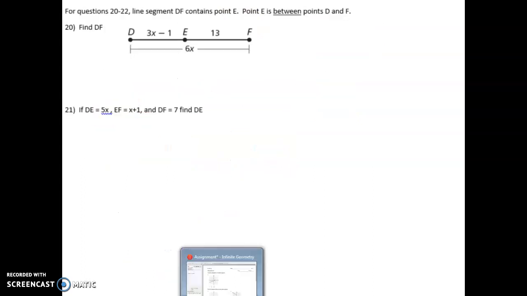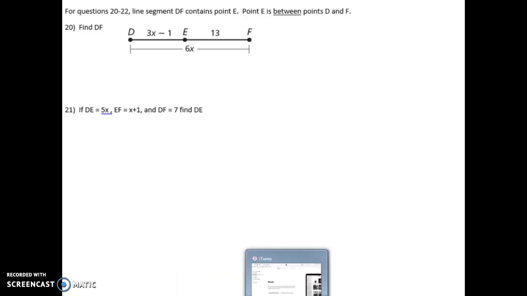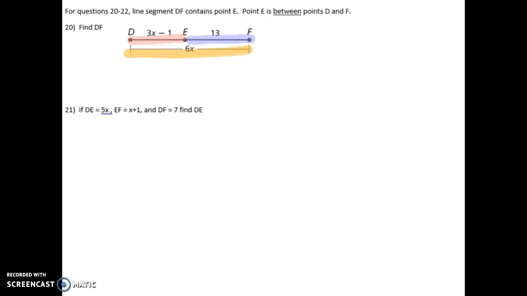This is the segment addition postulate, and this is on your very last page, I think. So we are using the same diagram for numbers 20 and 21. Remember, we said that segments DE and EF make up the entirety of DF.